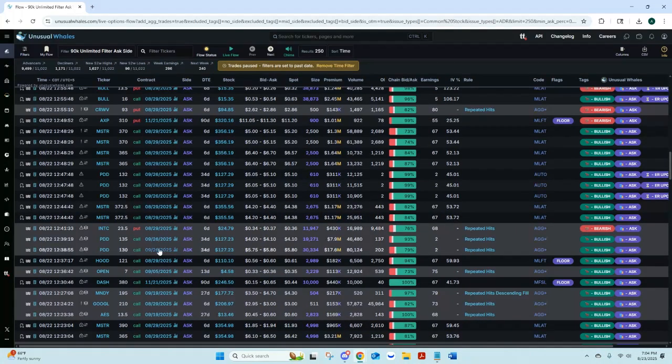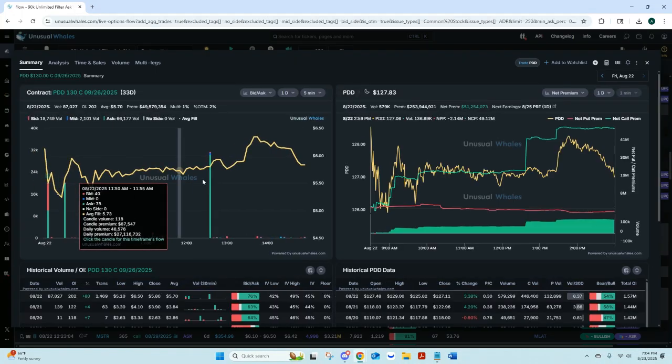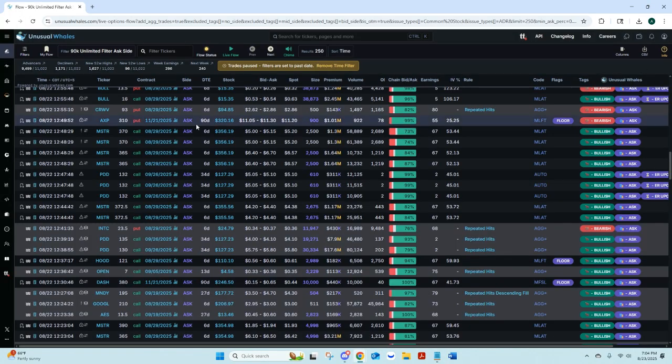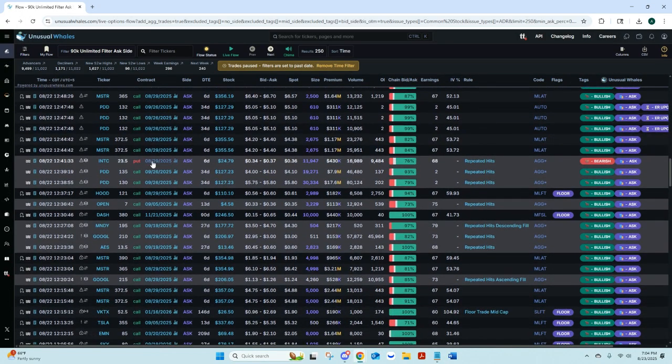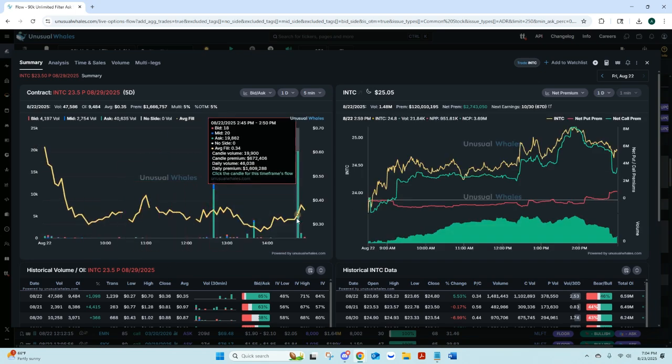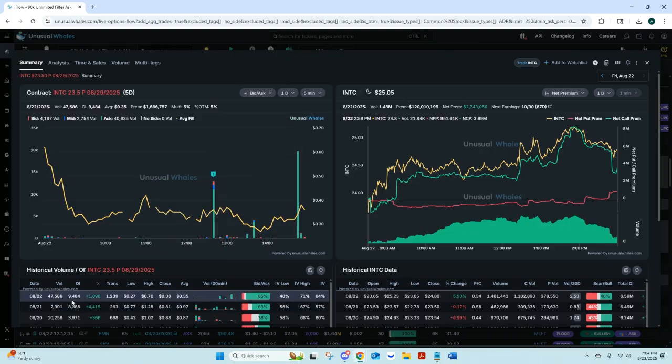And then see more PDD. So this is where I'm like, okay, something's interesting or something's up. It'd be nice if it didn't overlap earnings, and I'd like the flow a lot more. But you never know what can happen with earnings. And these Intel puts also hit the radar here. You get 19,000 coming in there.